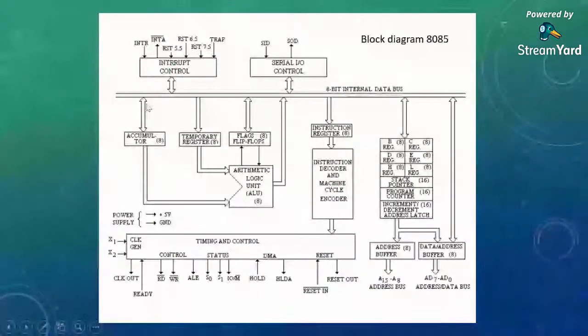We have B, D, H general purpose registers, which can be used in pairs. So B and C can be used together in the form of 16-bit, each of them being 8-bit wide.